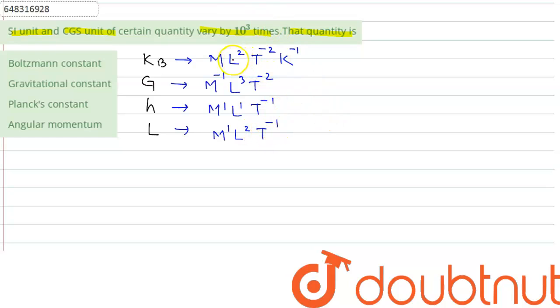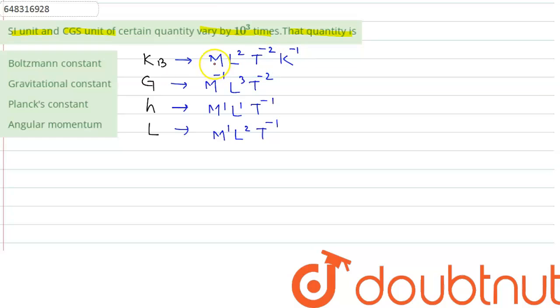Now, what are the units used in the CGS and SI systems for mass, length, time, and temperature? For mass, in SI we use kilogram, for length meter, for time second, and for temperature Kelvin.